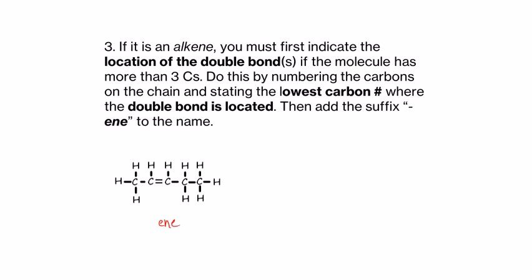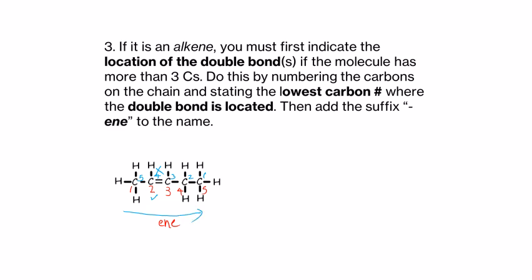And now I have to number the carbon atoms in such a way that the double bonded carbon here should have the least number. So 1, 2, 3, 4, and 5. If we are numbering from right to left, it will look like 1, 2, 3, 4, and 5. Look at the numbers here. So 2 is the least, not 4. So I will go with this from left to right in the numbering.